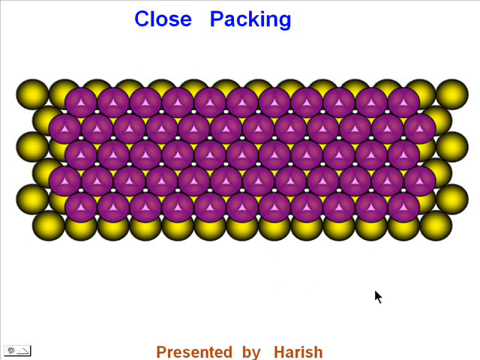Again I repeat, here I am trying to place spheres in a particular three-dimensional space in such a way that I minimize the empty space, the void. I minimize the void, and I want to increase this packing efficiency more.